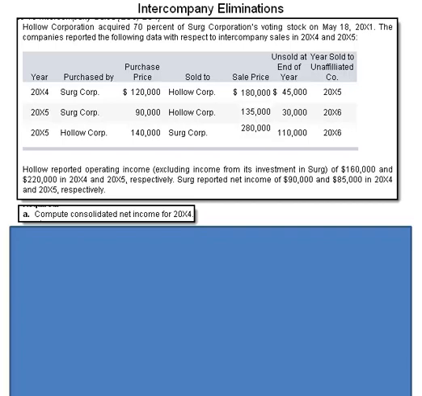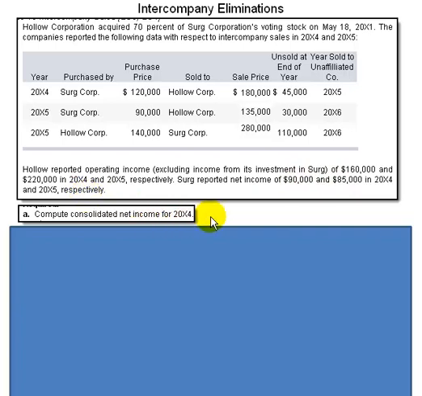Hollow reported operating income, excluding any income from its investment in Surge, of 160,000 and 220,000 in 2004 and 2005. Surge reported income of 90,000 and 85,000 in 2004 and 2005.